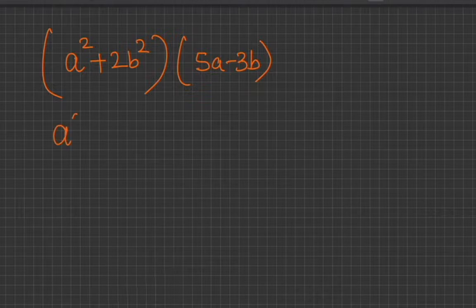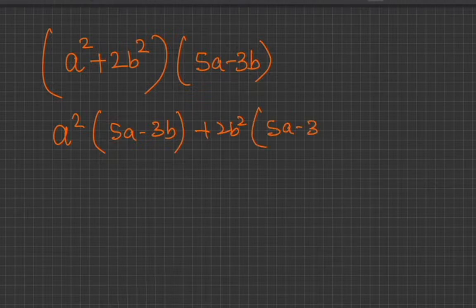So a squared times 5a minus 3b, plus 2b squared times 5a minus 3b.